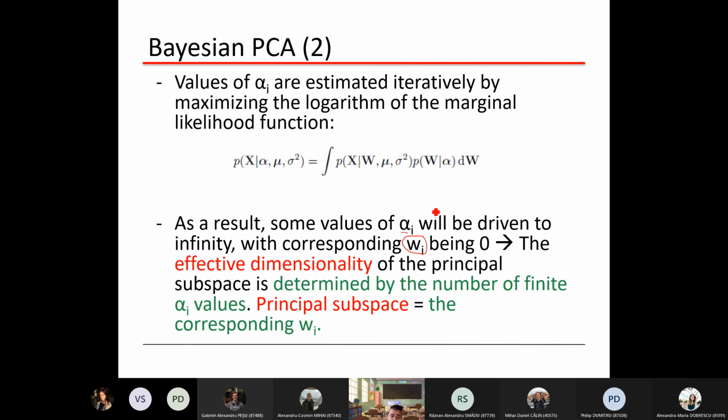In this way, we are doing an effective dimensionality reduction. We identify the number of finite alpha i values, and the corresponding subspace will be formed by the Wi's that correspond to the finite alpha i values.